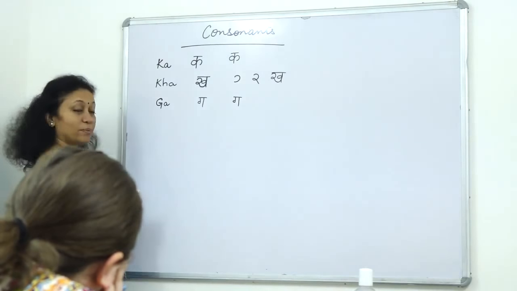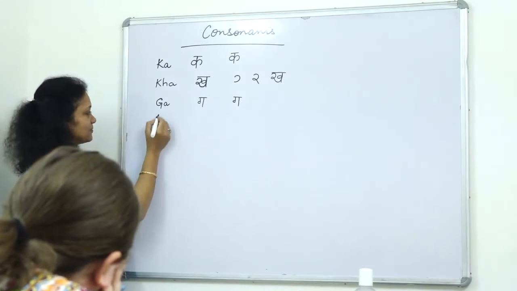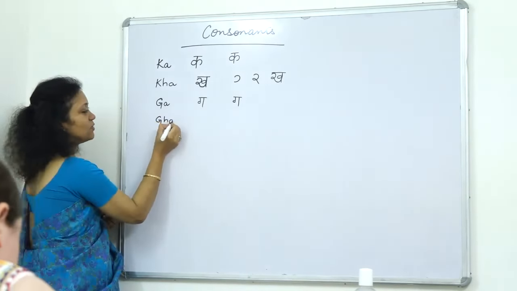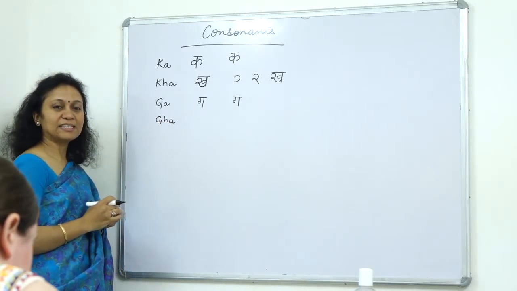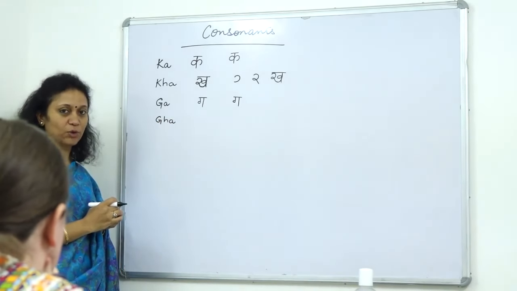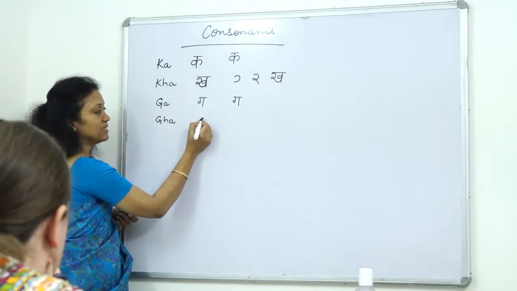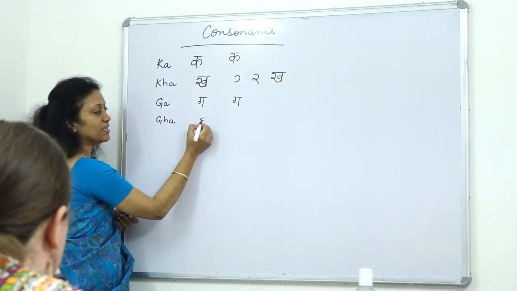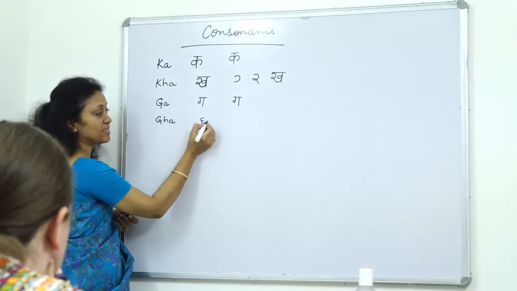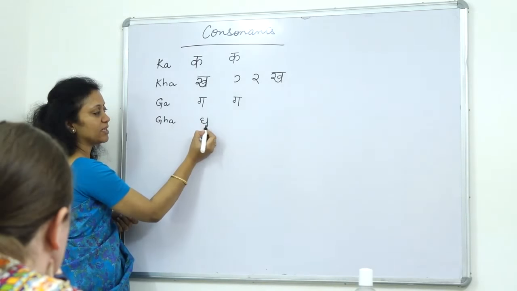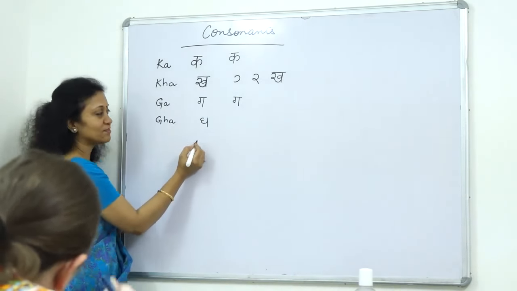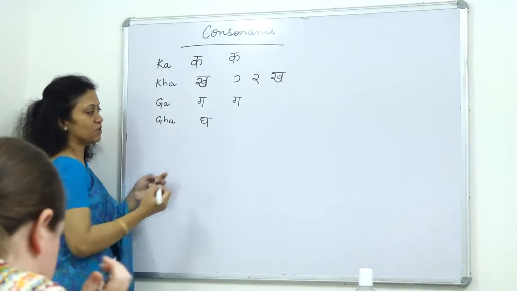So what will be the next one? Gh. When you say the gh, it's an inverted 3 that you're going to make. You make one semicircle and another semicircle. Don't lift the pencil, let it go up and then bring it down. So it's long.